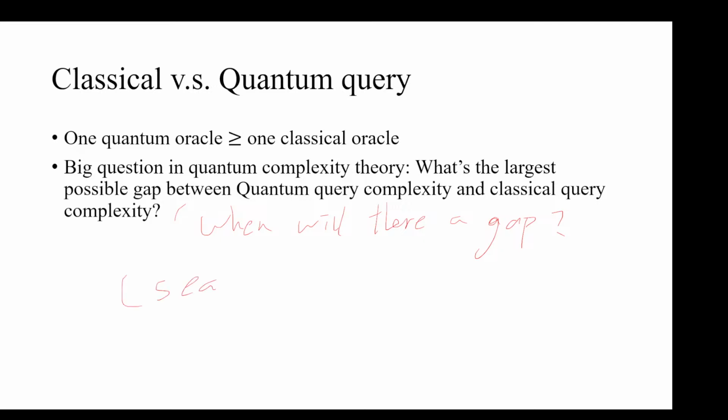Basically, we are trying to study quantum speedup. If you have a better quantum query complexity than classical query complexity, then we have a quantum speedup. So we are studying quantum speedup in the bigger scheme of things.